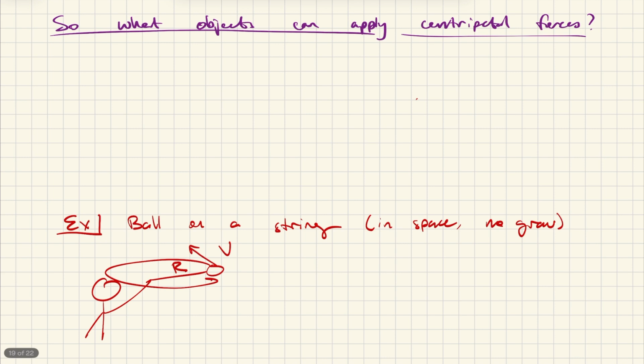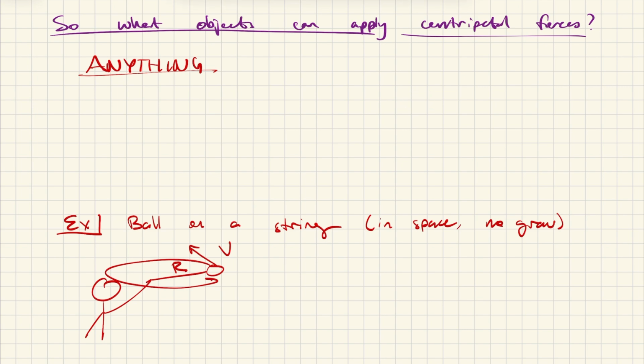And so another question we might have to answer is what objects can apply centripetal forces, right? We know that ropes apply tensions. We know that normal force gets applied by a surface, right? We know that hands give you applied forces. And so our question is, what things provide centripetal force? And the answer turns out to be anything that provides any force, okay? Remember, centripetal force isn't a special force like tension or normal force.